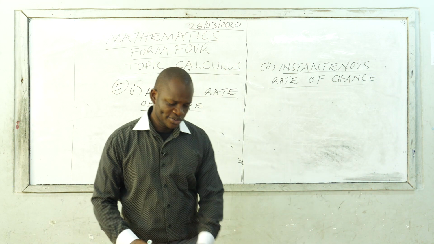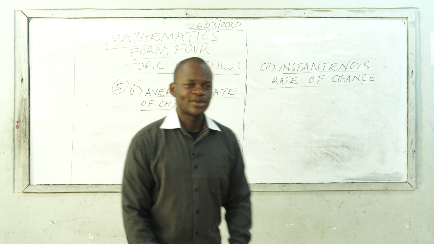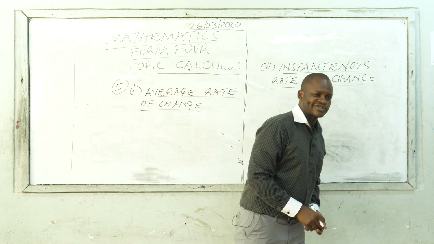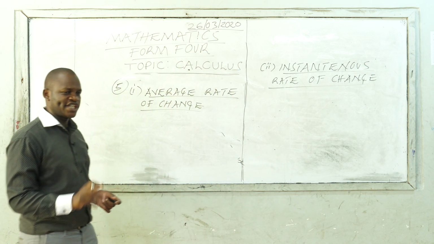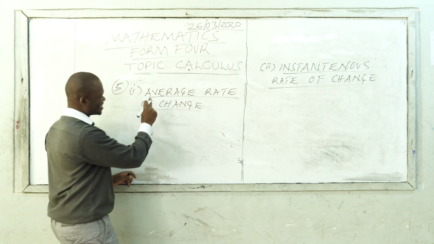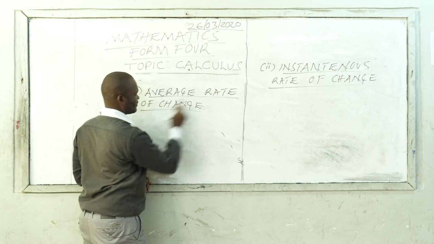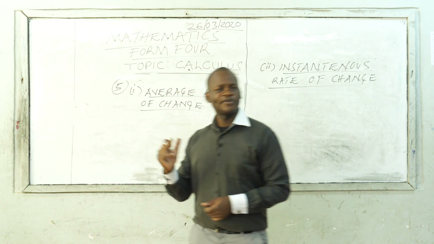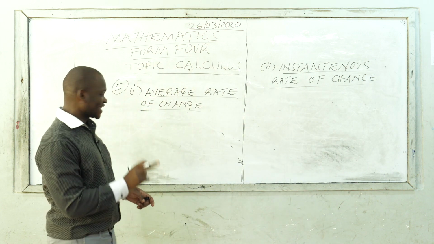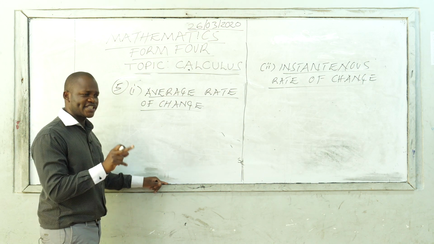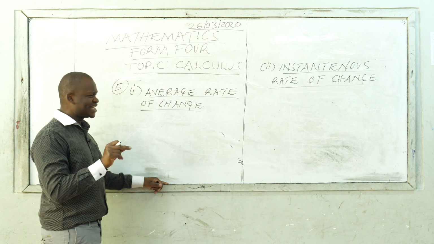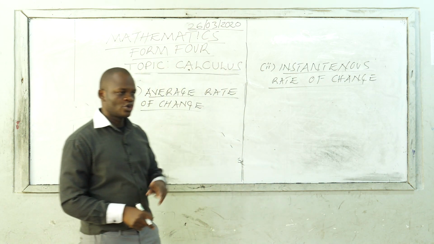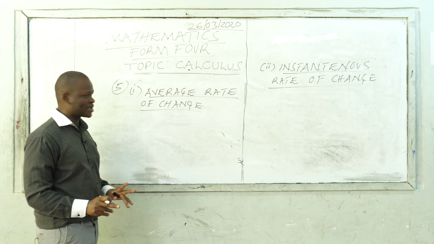Now, at this point, we want to clearly outline or explain the difference between this and this, in regard to rate of change of a curve. So, what is average rate of change? You listen. Average rate of change is the gradient or the rate of change of a curve between 2 points on the curve. I will repeat.